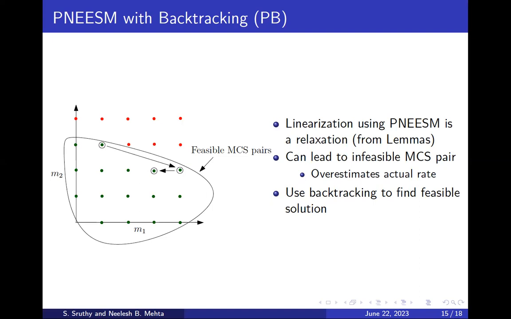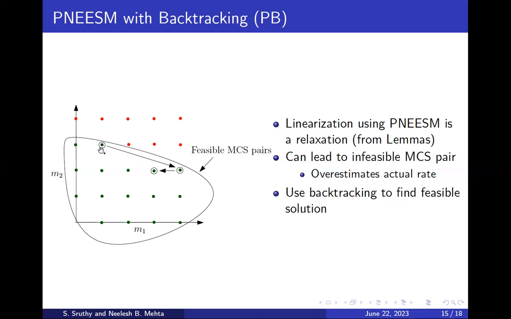Let's take an example. There are 4 MCSs available, and M1 and M2 can take 4 of these values. Here, the green ones are the feasible MCS pairs we got using the P and EESM method. Let's say this is the optimal MCS using this method, and we check its feasibility using the barrier function based method.